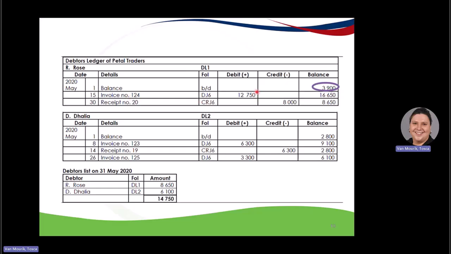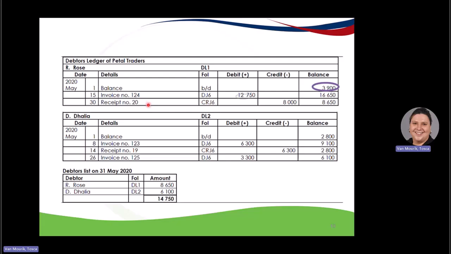There is the new invoice, my new sales that she purchased. Why is it under the debit? Let's quickly think about it. The moment they purchase some new items from us, they owe us more, so my debtors will increase. My debtors are an asset, and assets increase on the debit side. So it makes sense that we have a debit.